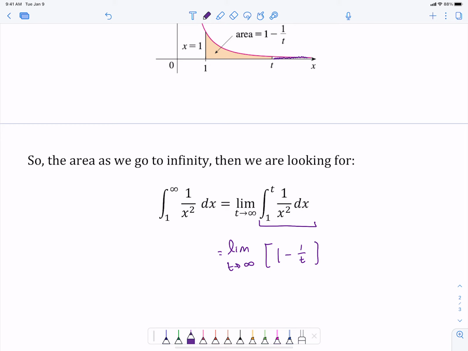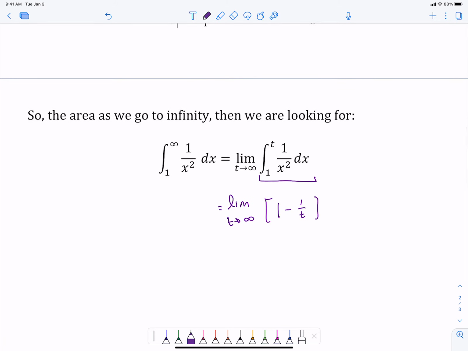It may be a little while since you've done any limits like this, but thinking back to what we do in 251, as t gets larger, this fraction gets smaller and smaller, and it's actually going to get closer and closer to 0.